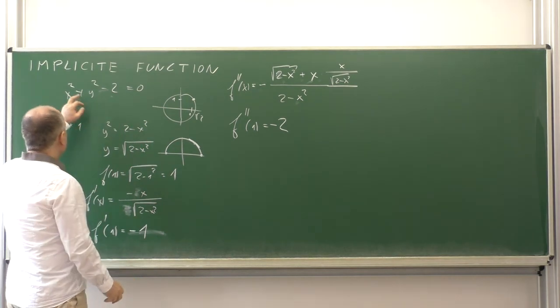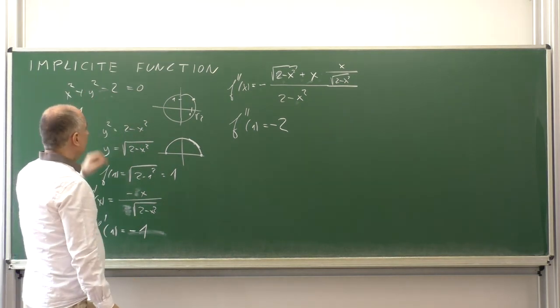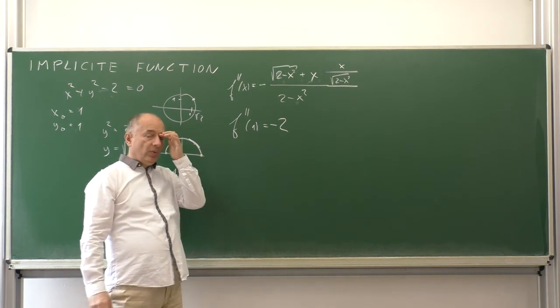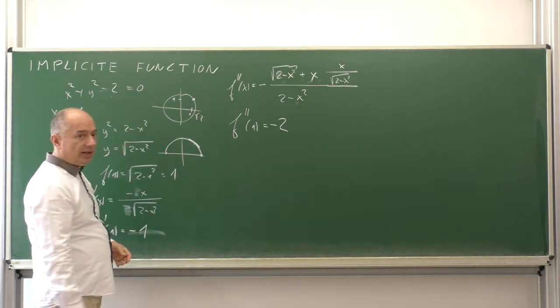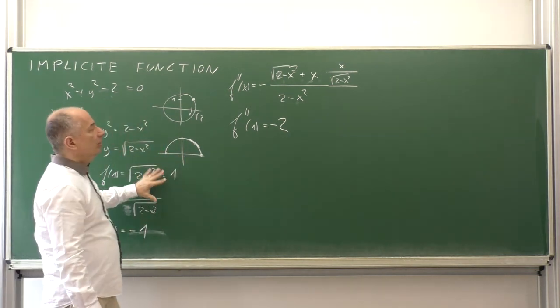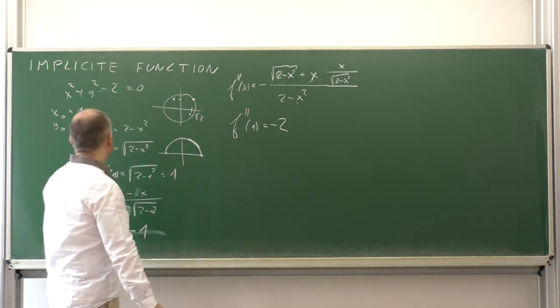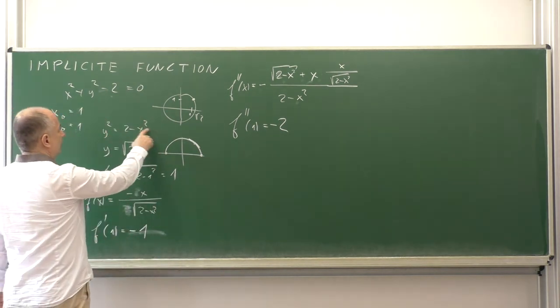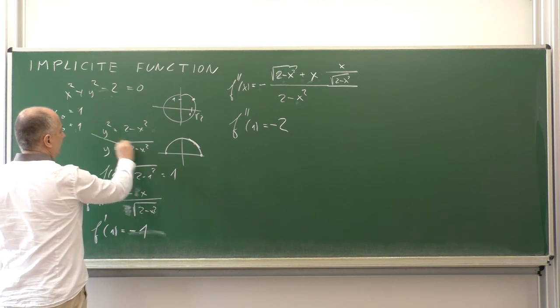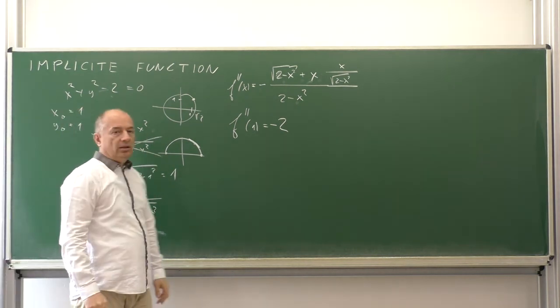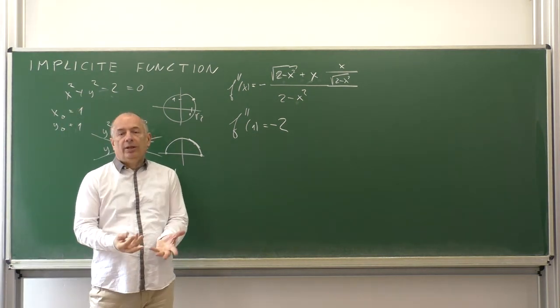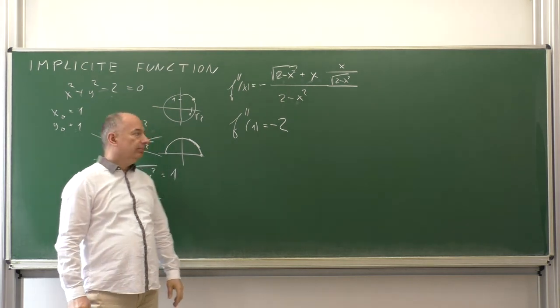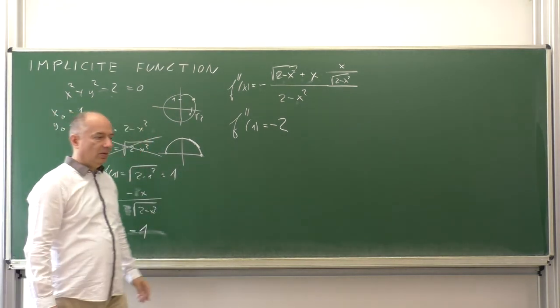But now, let's have a look at the function given in the implicit way only, which is very important if this computation is not possible. Imagine that this equation is so difficult so that we cannot write it this way. We cannot express y in terms of x. This formula is just not available.